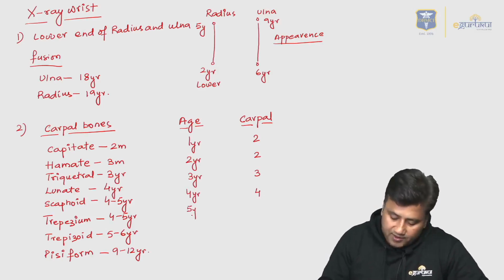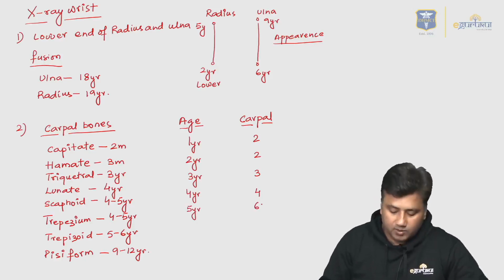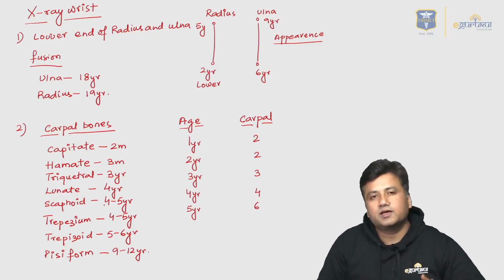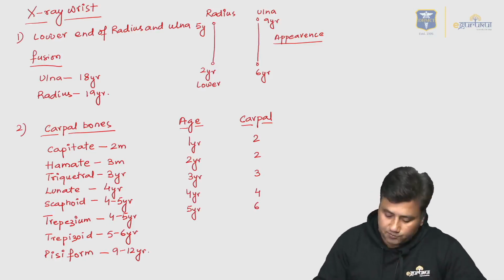At the age of 5 we have 6, because scaphoid and trapezium come at around 5 years of age.